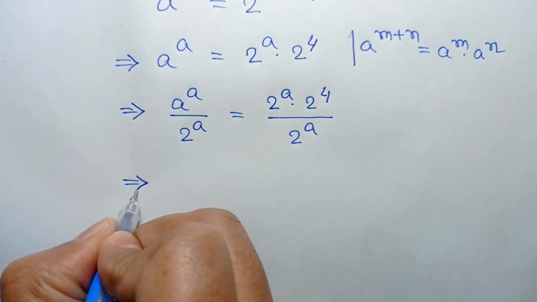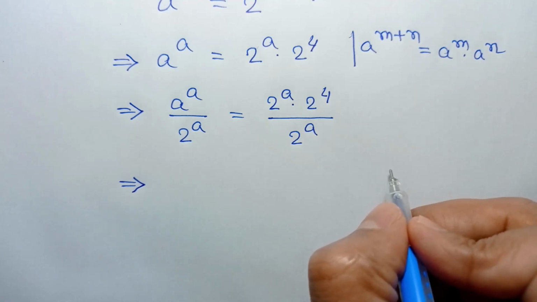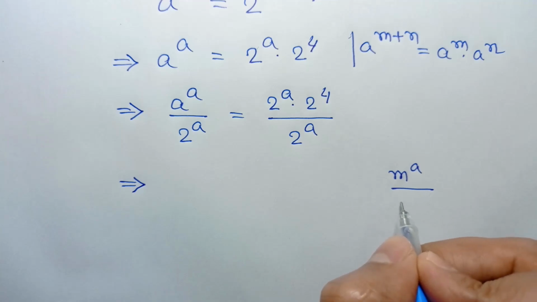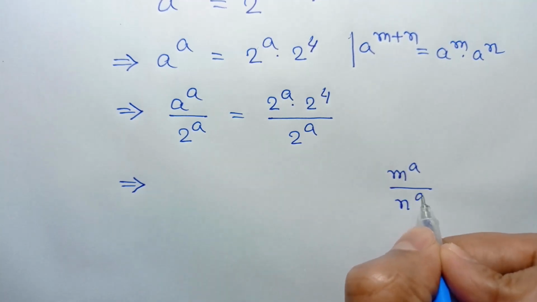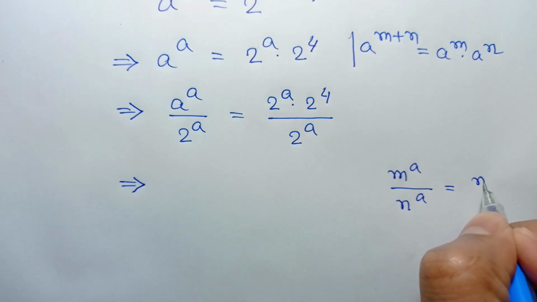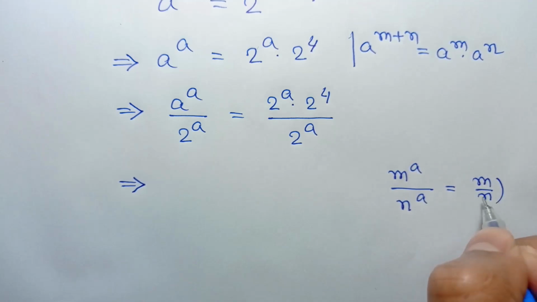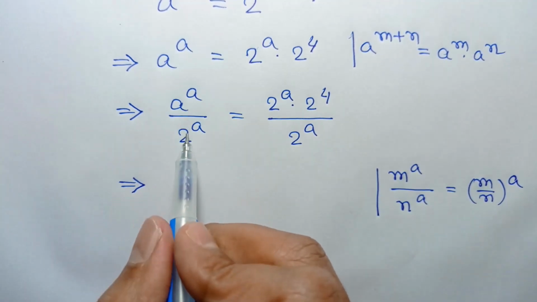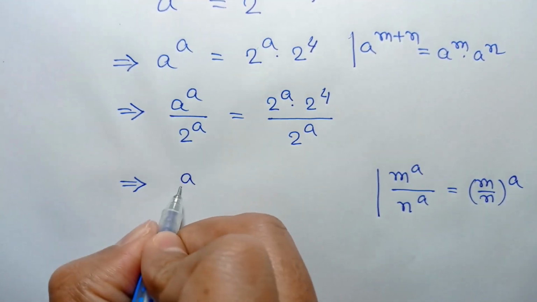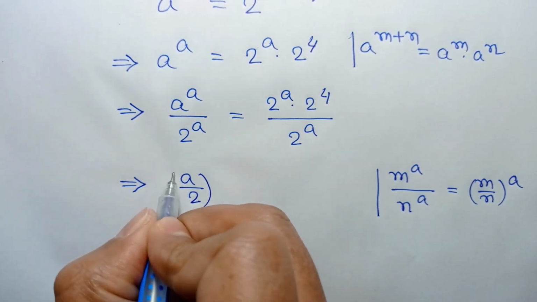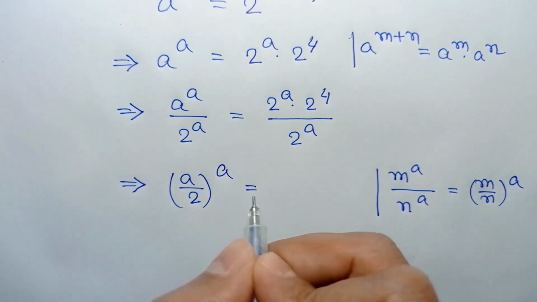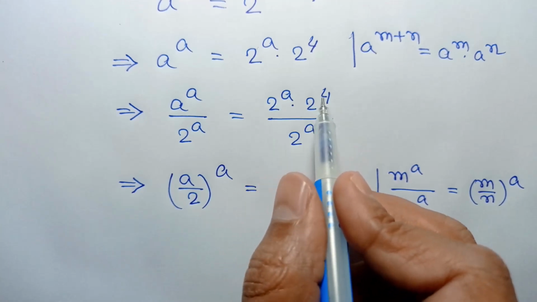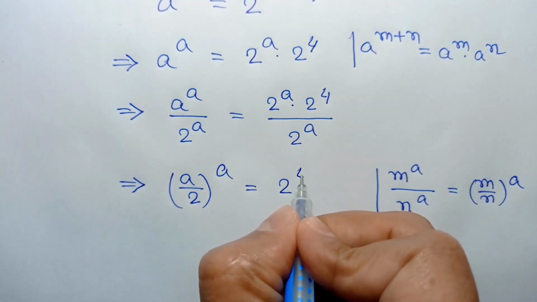Now, according to this exponential formula, m to the power a over n to the power a is equal to m over n whole to the power a. We can write the left side as a over 2 whole to the power a is equal to this 2 to the power a, and 2 to the power a will cancel out, so it will remain 2 to the power 4.